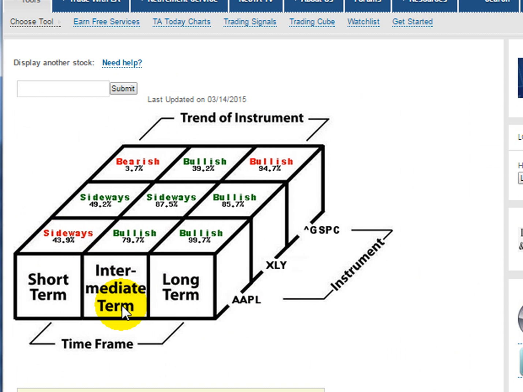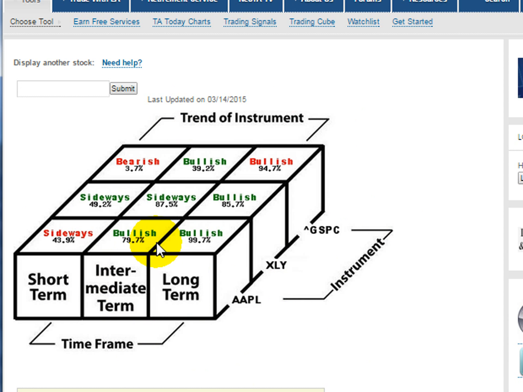So as I said, it's all compactly represented here in terms of time frames, instruments, and the trend associated with each of those, all in a snapshot view, almost like an accountant's balance sheet where you can quickly ascertain a snapshot view of that company at that particular point in time. That's what the trading cube does for trend for a particular stock, sector, and general market across the three time frames.